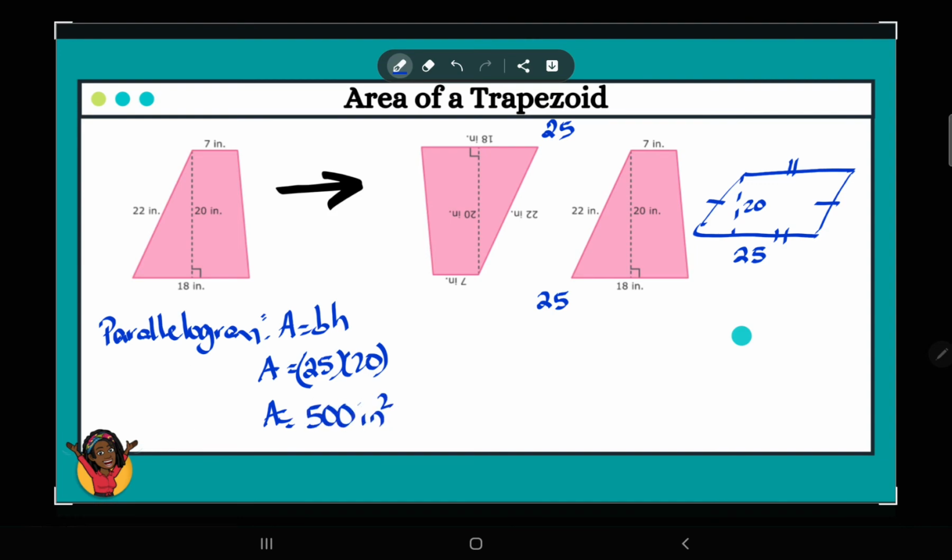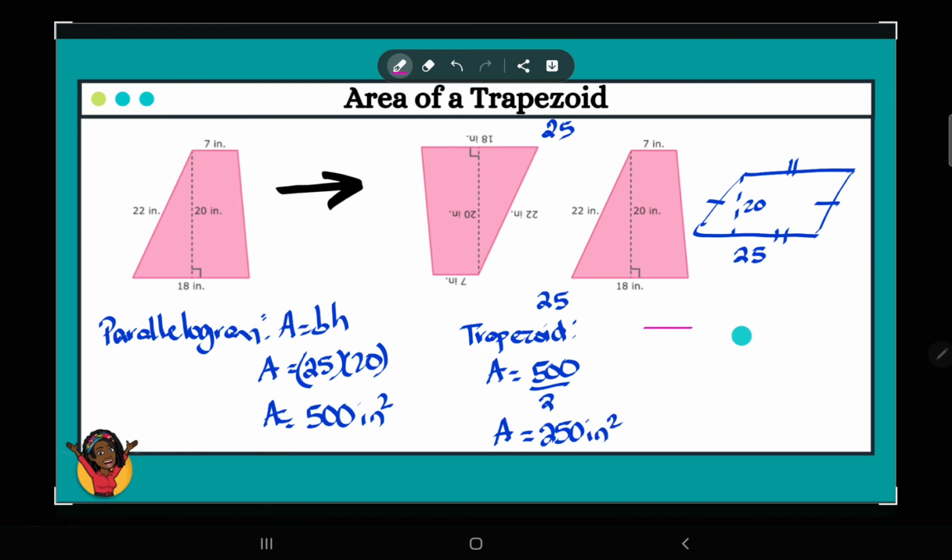So that's for the parallelogram. Now, because we used two trapezoids to make the parallelogram, we have to now divide that area by 2. So the trapezoid, the area is equal to 500 divided by 2, which would give us 250 inches squared.